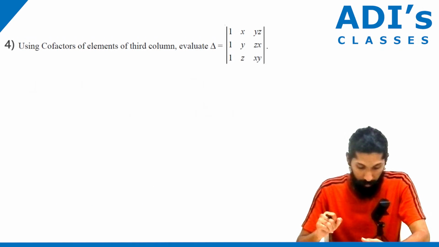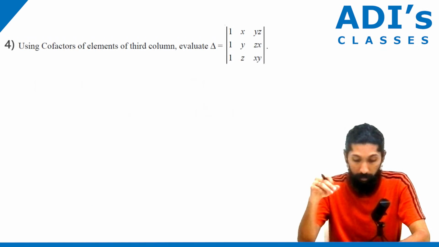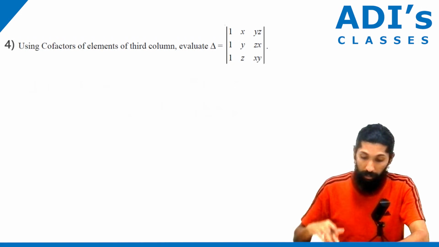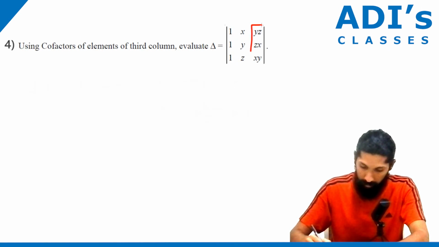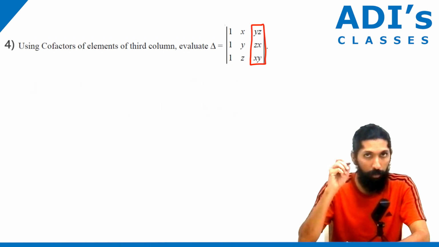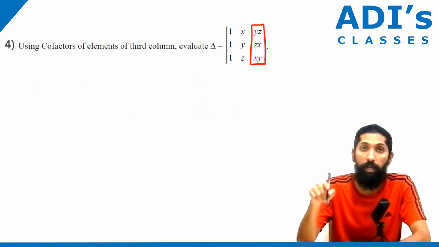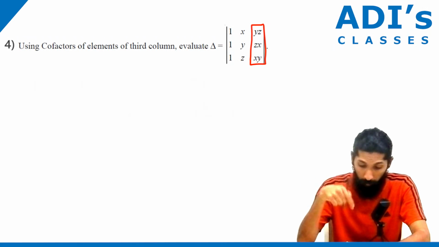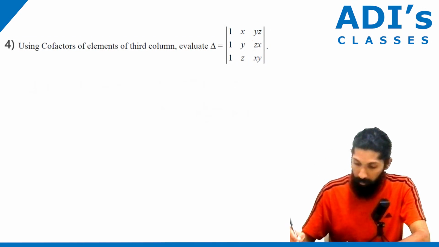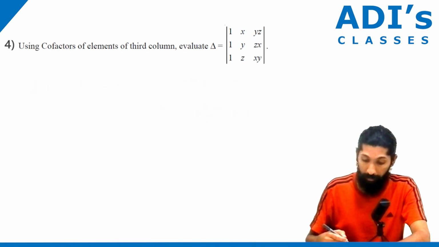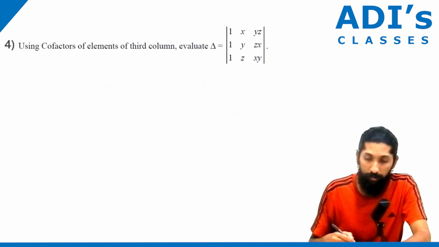See this particular question. Using cofactors of elements of third column, evaluate. So third column is this. We have to use those elements and calculate what is the determinant of this particular matrix. Okay, so now let's do this one. So what exactly is the relation?